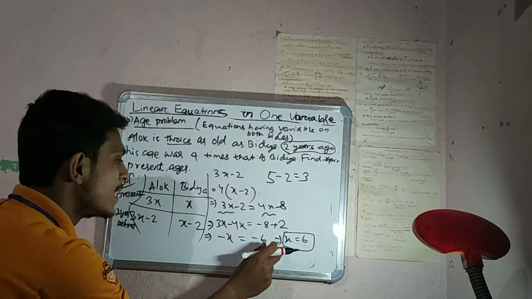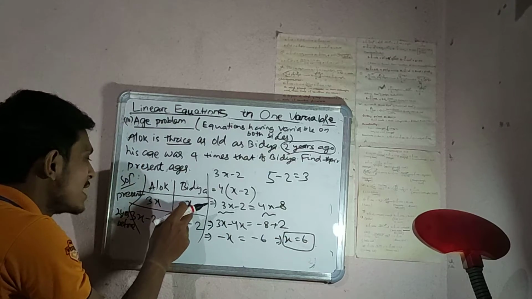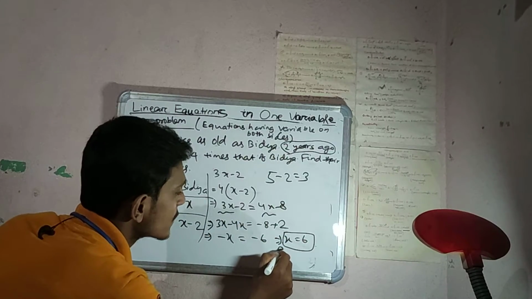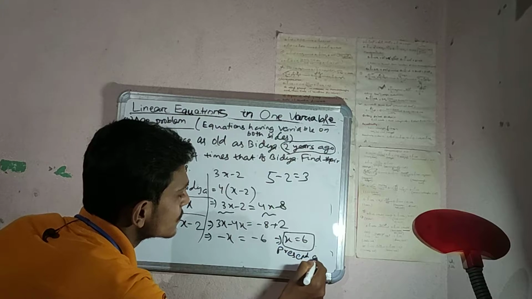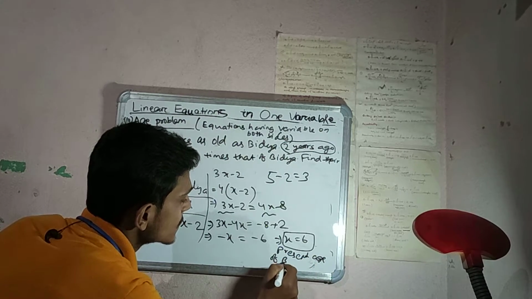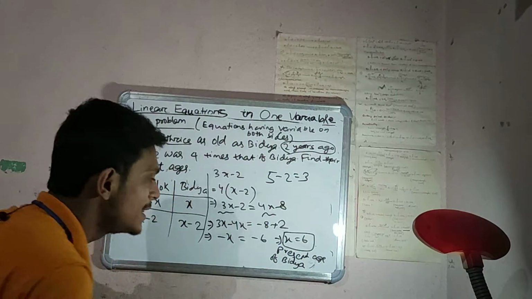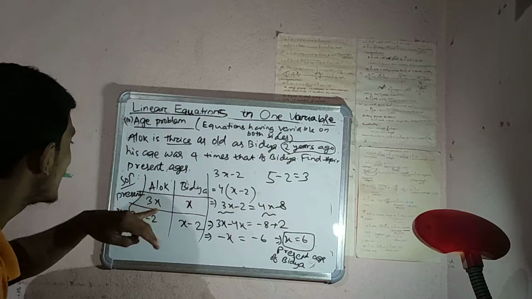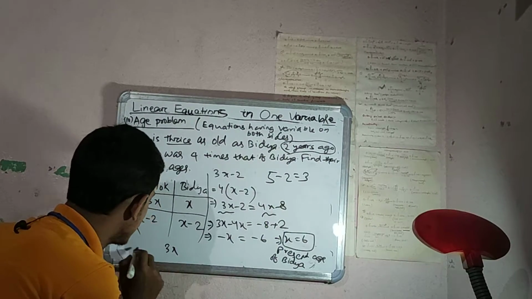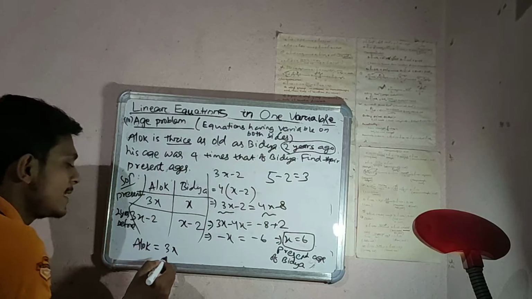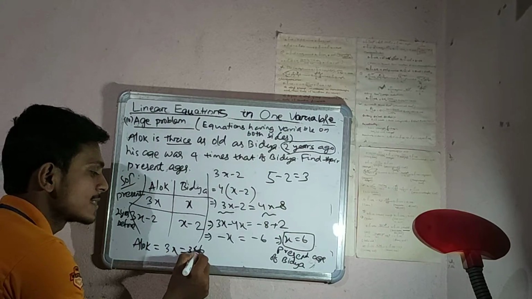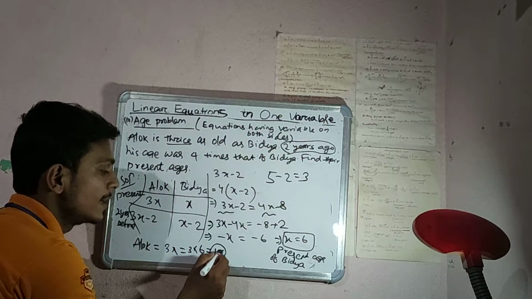So what does x mean? The x means the present age of Vidya. So how can we find the present age of Alok? That is 3x, that is 3 multiplied with 6, that is 18.